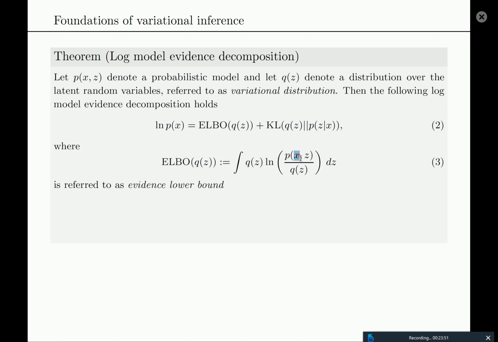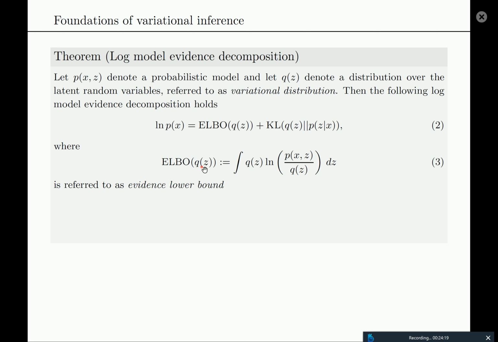If you observe X, for example a single number, 10, this will come out different than if you observe 20. But the important thing is that we view this as a function of Q(Z), so we can change the ELBO by changing Q(Z). And here you already see this variational calculus thing.